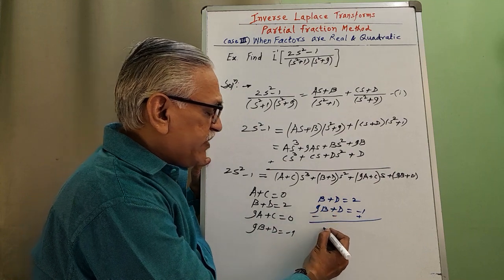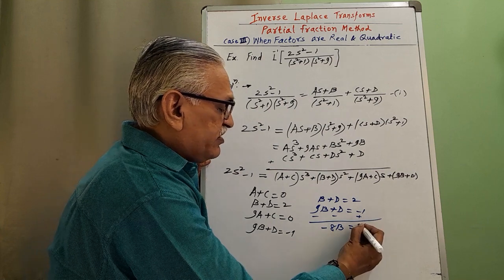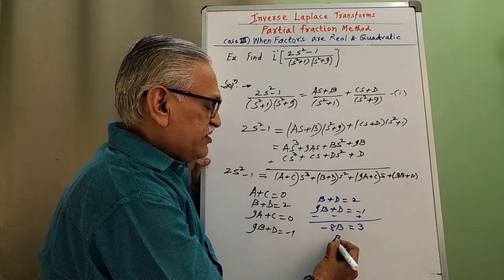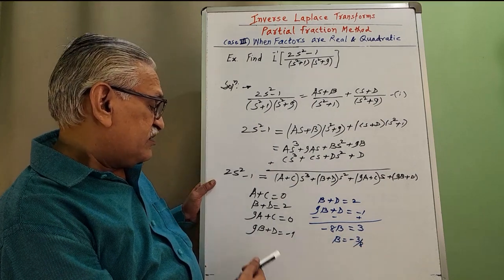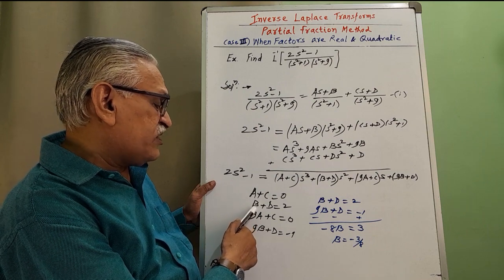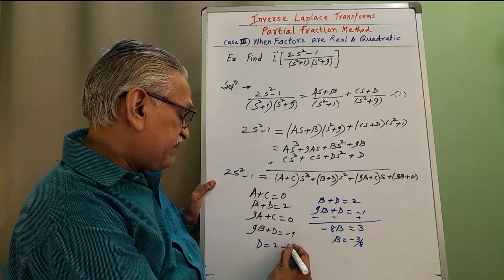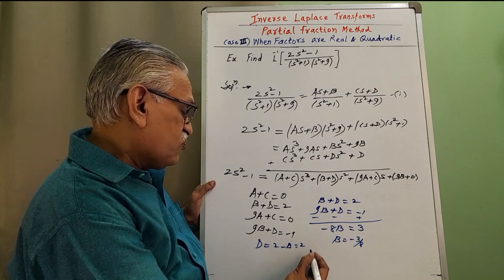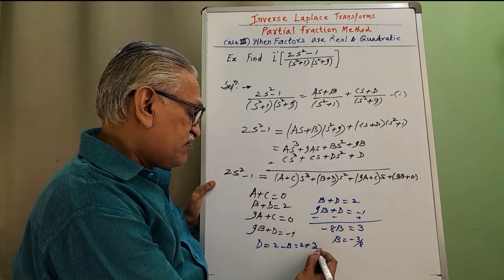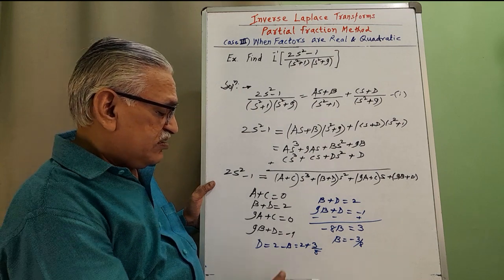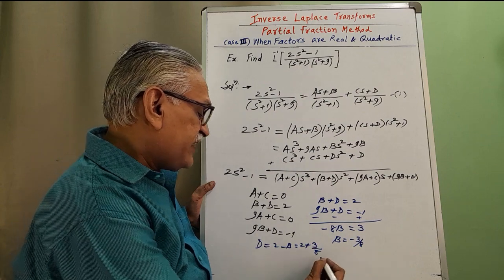B − 9B we get −8B, which equals 1 + 2 = 3 with sign, and therefore B is equal to −3/8. Substituting that value in this equation, we get D is equal to 2 − B, 2 minus of minus becomes plus, therefore it is 16/8 + 3/8, that is 19/8.